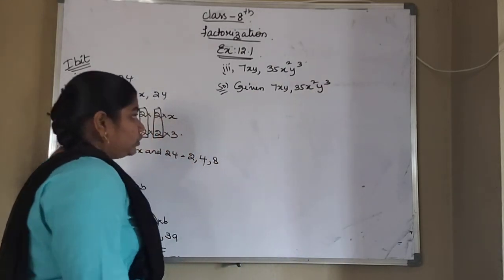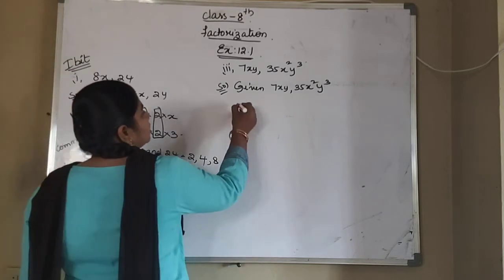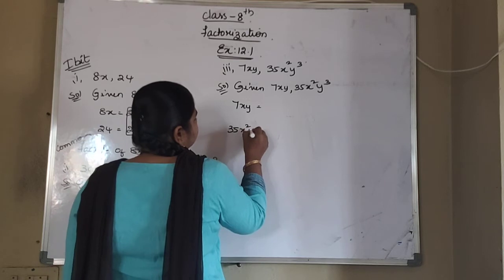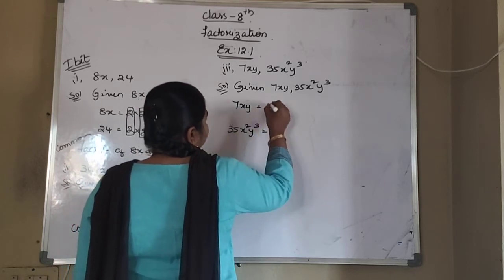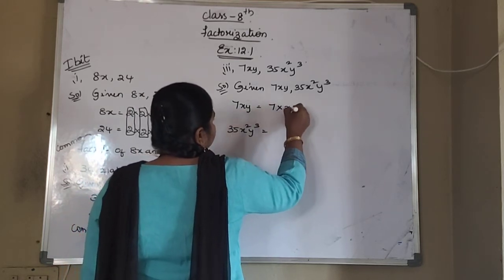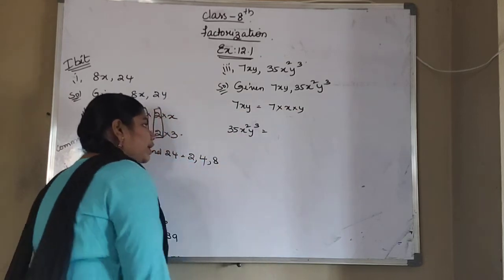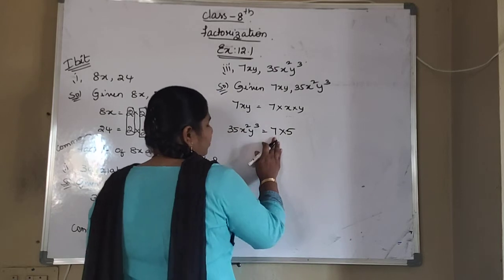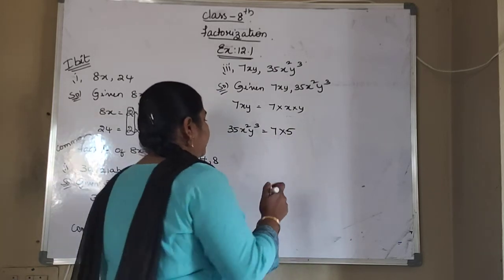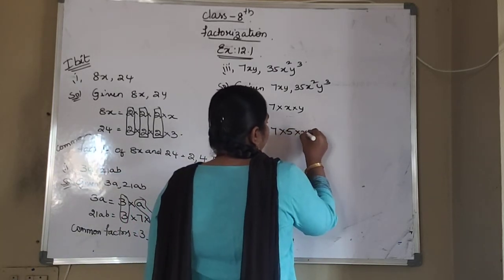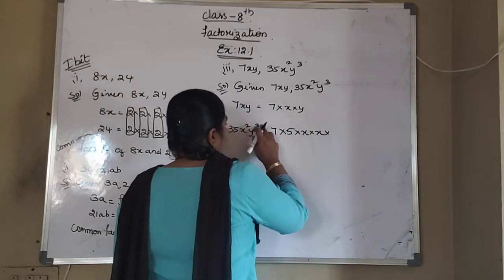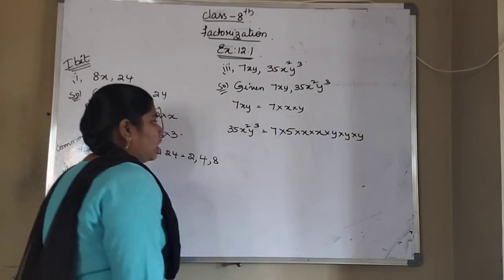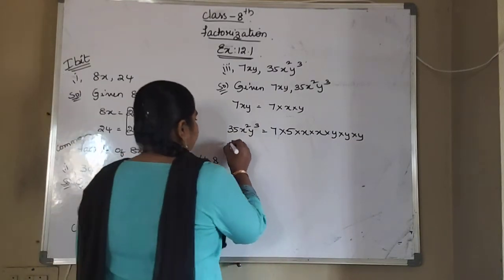This is the given question, so we have to find the common factors here. 7 is already a prime number, times x into y, and 35 can be written as 7 into 5, both prime numbers. x square means we write x 2 times, and y cube means we multiply y 3 times. Now we have to write the common factors in this.